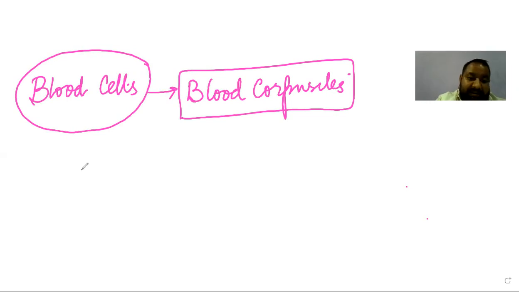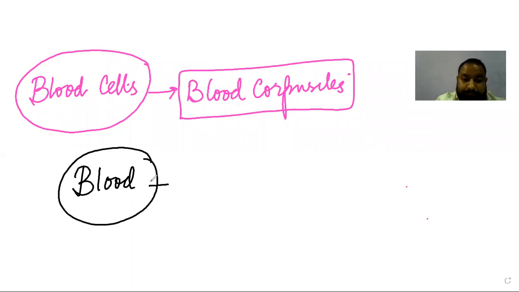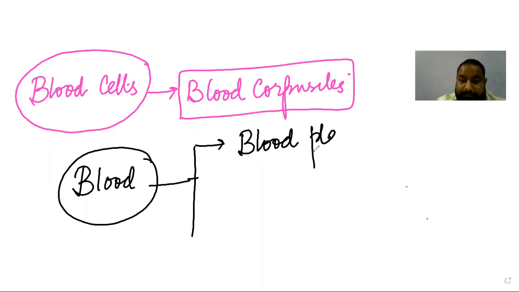In humans, the blood can be divided into two parts. The watery content of the blood is known as blood plasma, while the cells that are present in the blood plasma, we call them the blood cells.